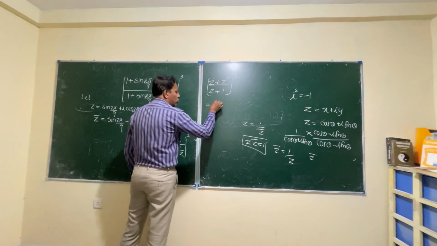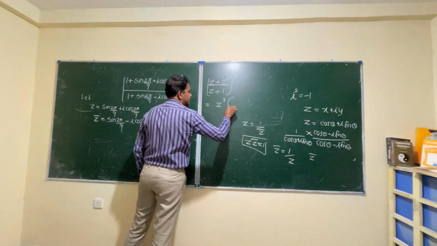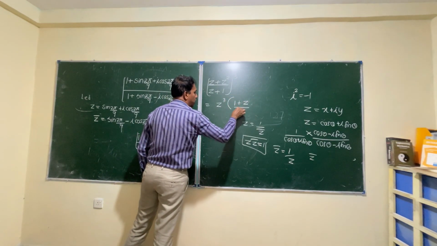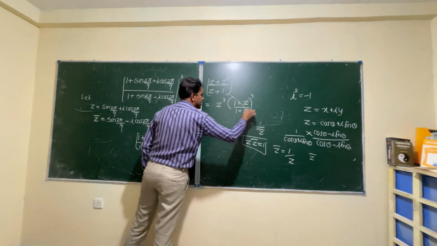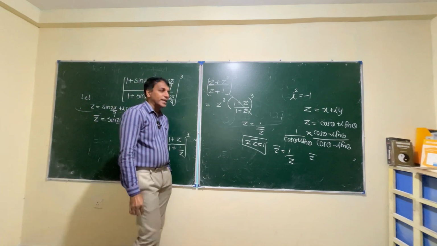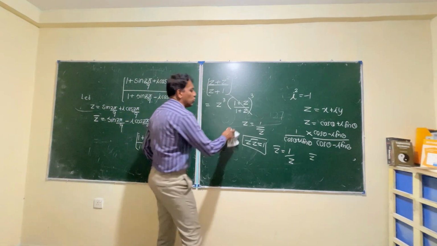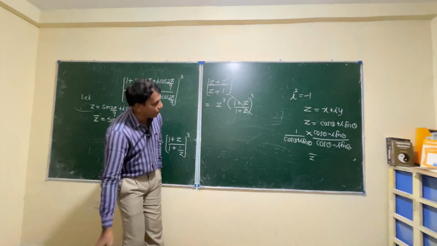Factorizing, z comes out, so z cube. What is inside? 1 plus z over 1 plus z, to the power 3. Anyhow, that is cancelled. Therefore, dear student, the final answer is z cube. We can find the z cube value as the solution.